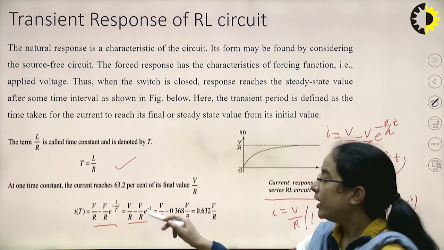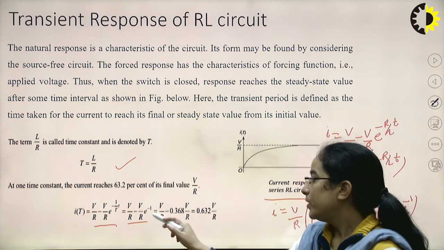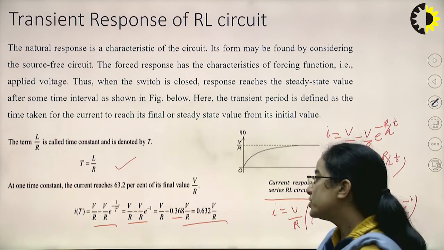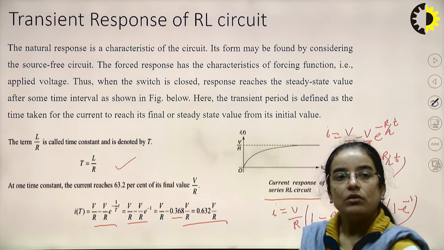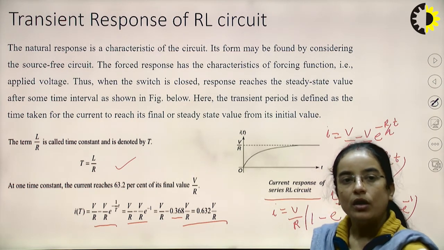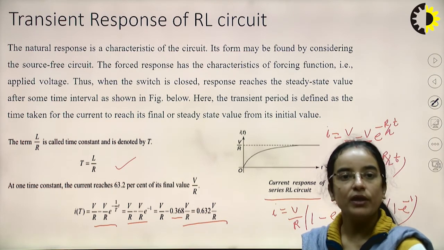So this is V by R minus V by R into e to the power minus 1. Here e to the power minus 1 is 0.368, so finally we will have the current as 0.632 into V by R. This is the value of the current for one time constant.